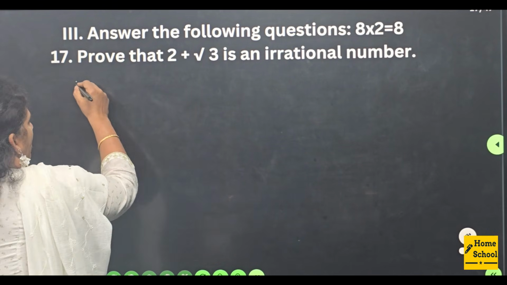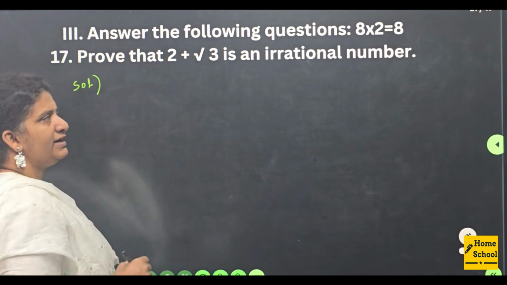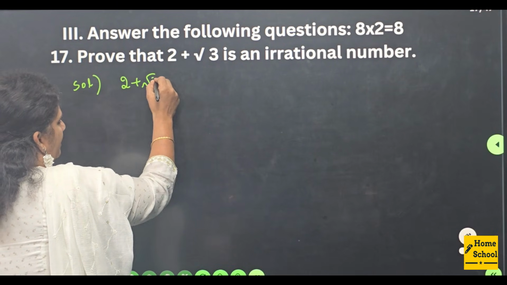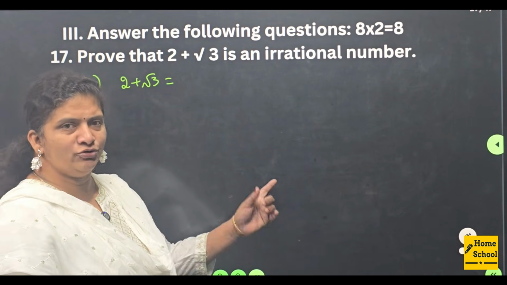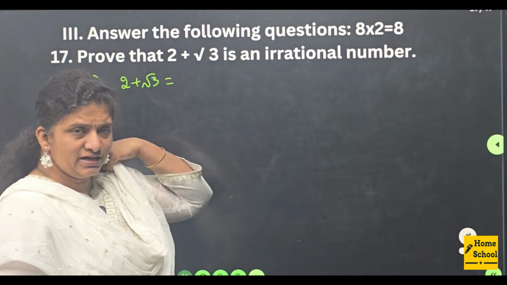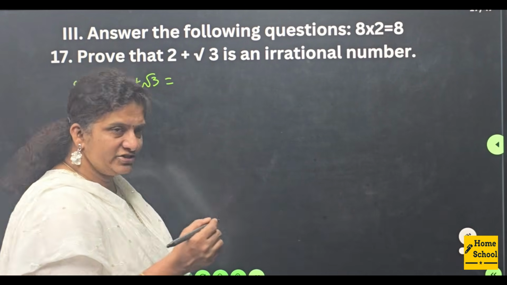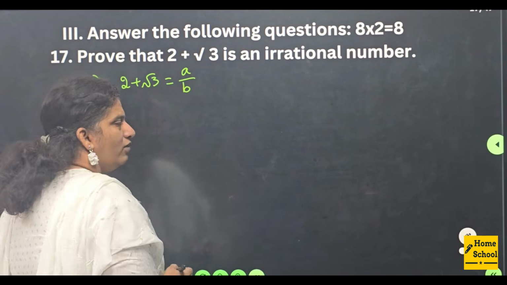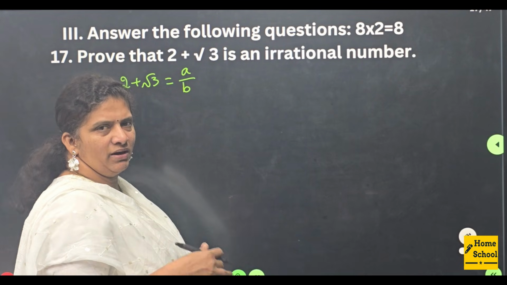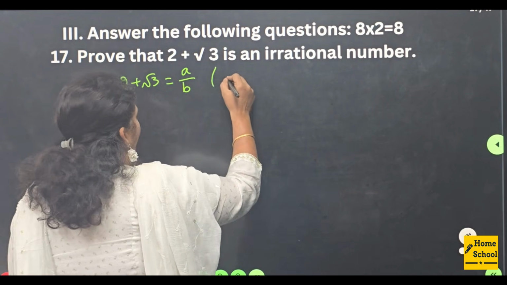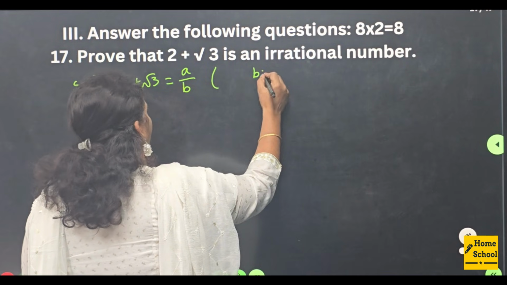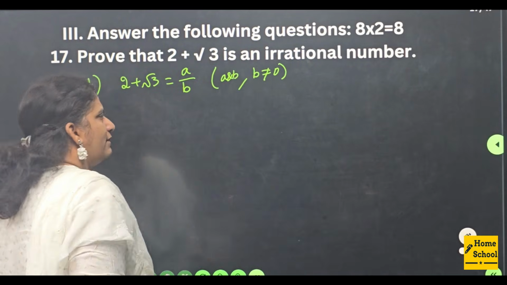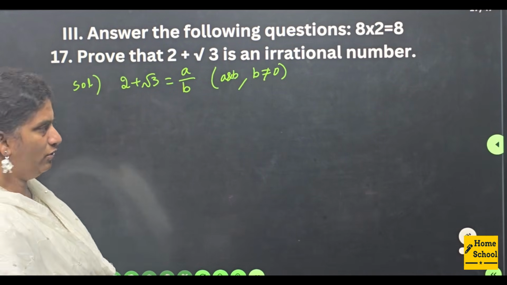So first, how do we start this problem? Let us assume 2 plus root 3 as a rational number. I need to prove it as irrational, so let me take it as a rational number. If it is a rational number, we should be equating to a rational number a by b, or p by q, where a and b are co-primes and b cannot be equal to 0.